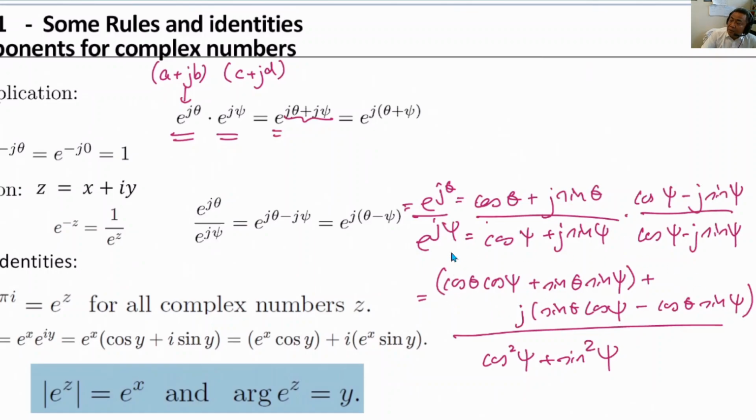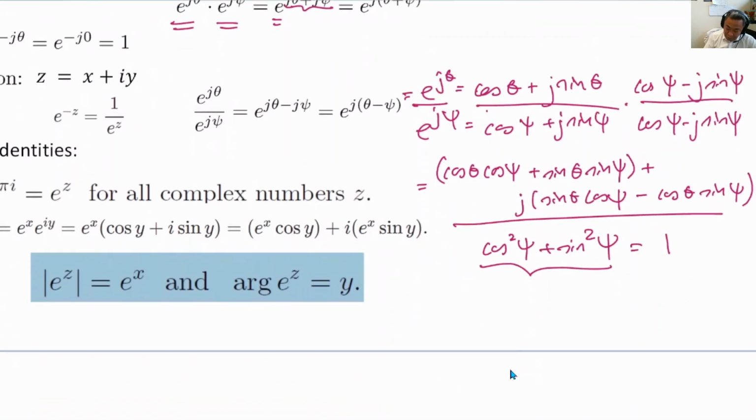The denominator, on the other hand, is cosine ψ times cosine ψ, so it's cosine squared ψ, plus j times minus j, which becomes plus sine squared ψ. So the imaginary part goes away, and the denominator, this expression, of course is equal to 1.